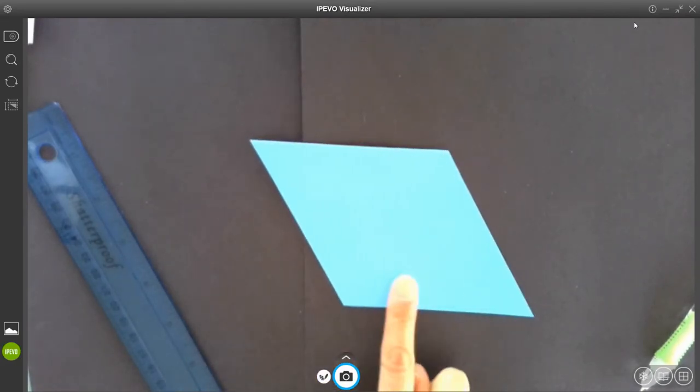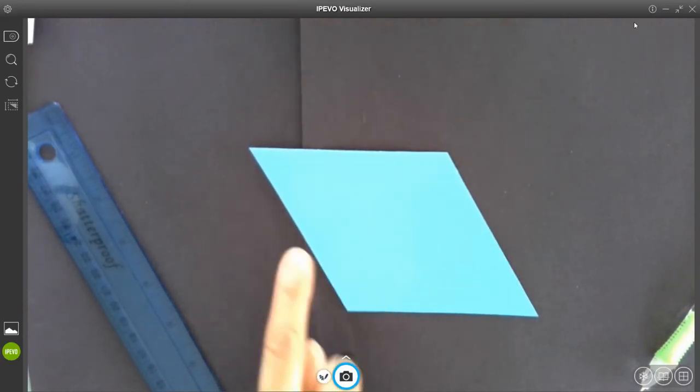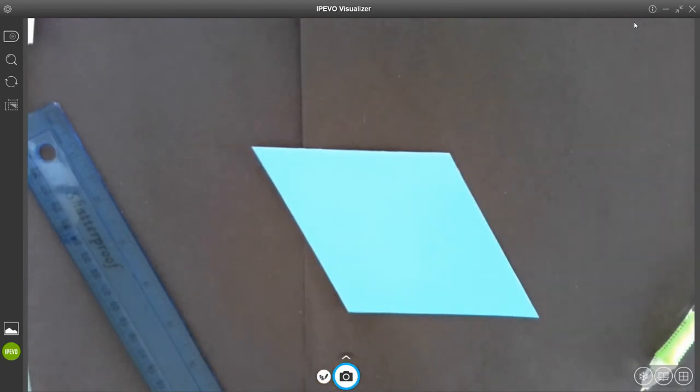What is special about this rhombus is that all the sides are the same length. So it's kind of like a square that has been tilted to the side, so it no longer has its right angles.